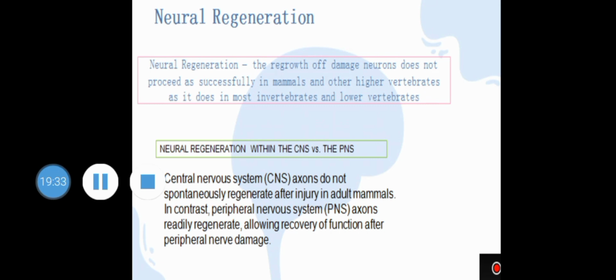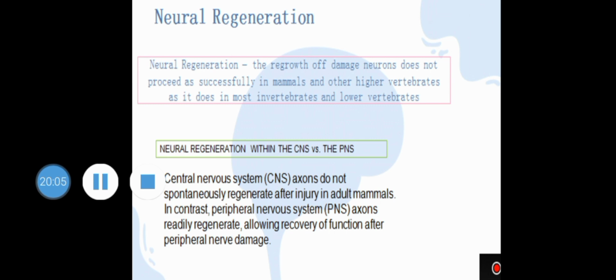Next, we have the neural regeneration. It is the regrowth of damaged neurons, and it does not proceed as successfully in mammals and other higher vertebrates as it does in most invertebrates or lower vertebrates. Neural regeneration within the CNS versus the PNS. In the central nervous system, axons do not spontaneously regenerate after injury in adult mammals.